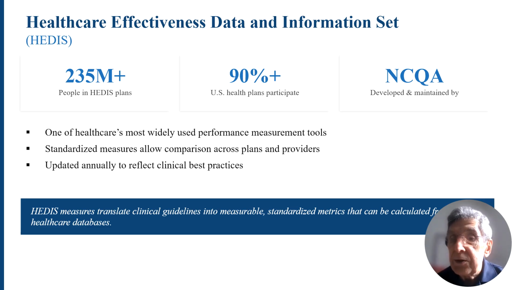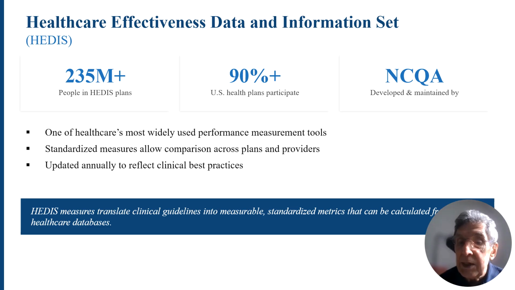HEDIS provides standardized measures that allow an apples-to-apples comparison across different health plans and different providers. Without this standardization, one plan might define diabetes control differently than another plan, making comparisons meaningless. HEDIS solves that by defining exactly what counts, exactly who is eligible, and exactly how to calculate the rate.